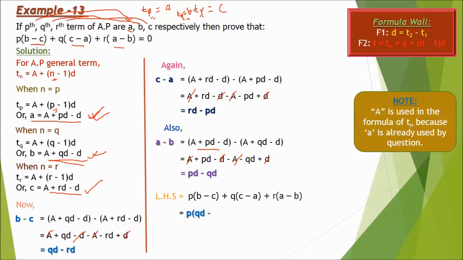Now the left hand side: P times B minus C, Q times C minus A, R times A minus B. We can replace B minus C with QD minus RD, C minus A with RD minus PD, and A minus B with PD minus QD.